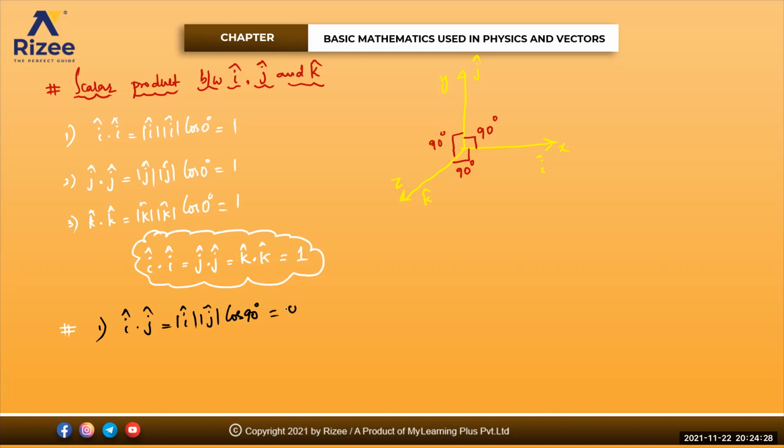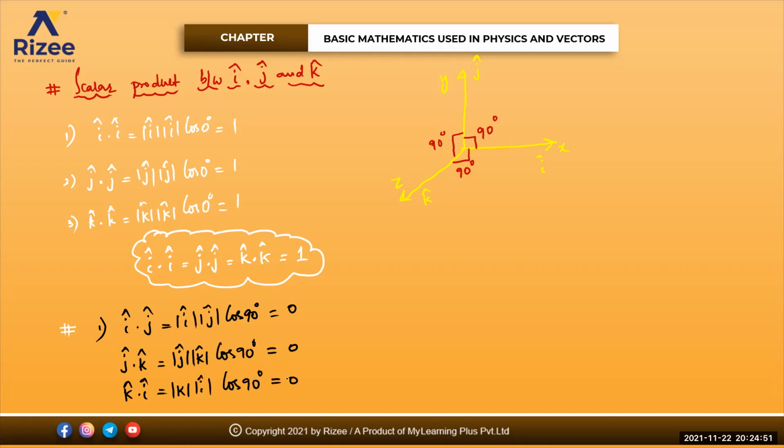Cos 90 is 0. Same way, j cap dot k cap is equal to mod of j, mod of k into cos 90, and cos 90 is 0. Same way, k cap dot I cap will be equal to mod of k, mod of I into cos 90.